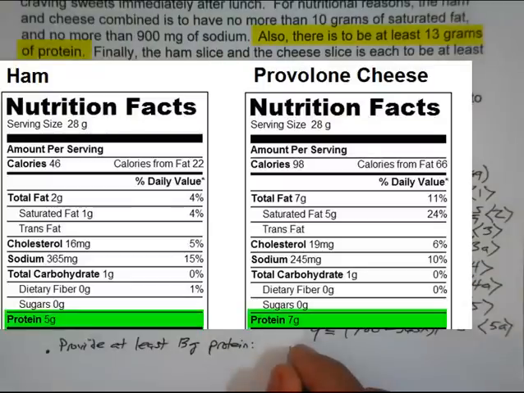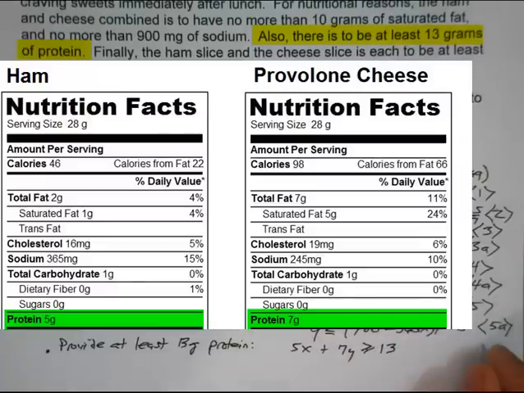So this will give us 5x for the overall ham protein plus 7y overall provolone cheese protein, and at least 13. Okay, we need greater than or equal to 13. You can call that inequality 6.